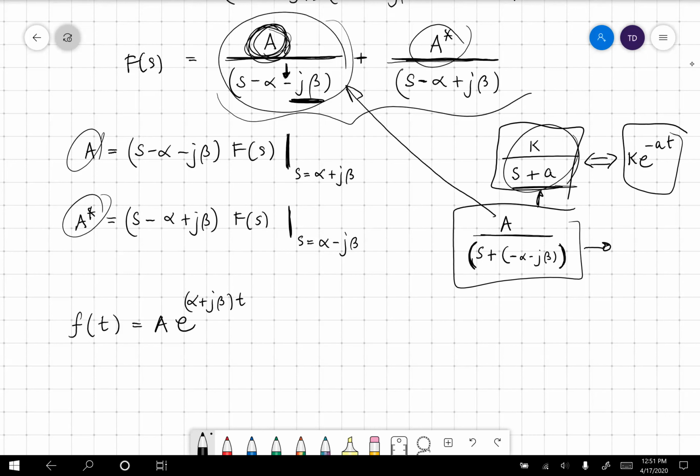So that's equal to 1/2 here, and then 1 minus J. This is one of the nicest numbers that we'll ever run into, and 1 minus J is square root of 2 at an angle of negative 45 degrees. So that means the magnitude of B equals root 2 over 2.